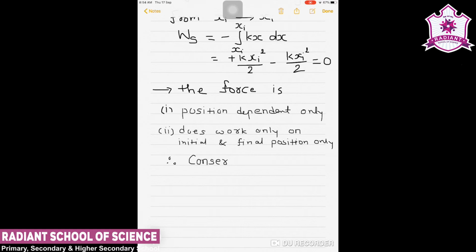You can say that it is a conservative force due to these two reasons: because it is position dependent only, and it performs work that depends only on the initial and final positions. So this is the example that the force is a conservative force.